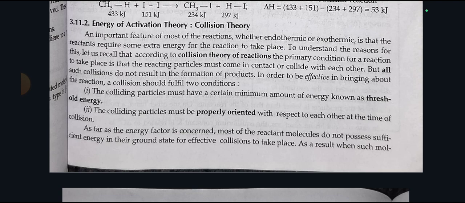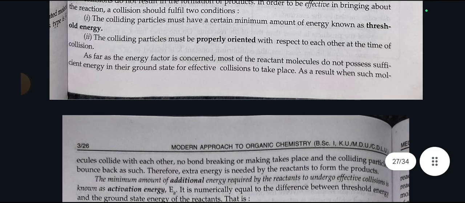First, the colliding particles must have a certain minimum amount of energy known as threshold energy. Second, the colliding particles must be properly oriented with respect to each other at the time of collision.